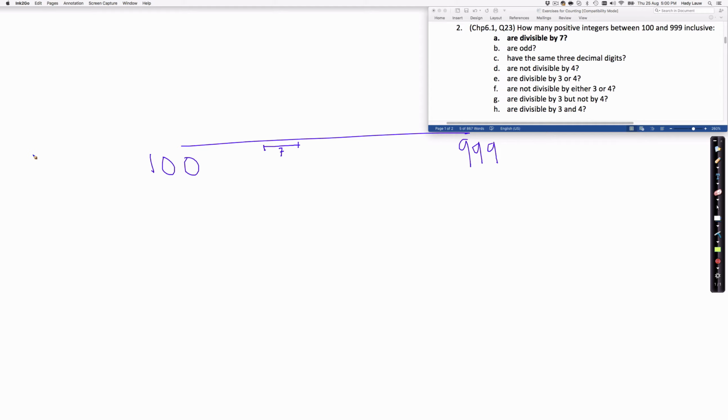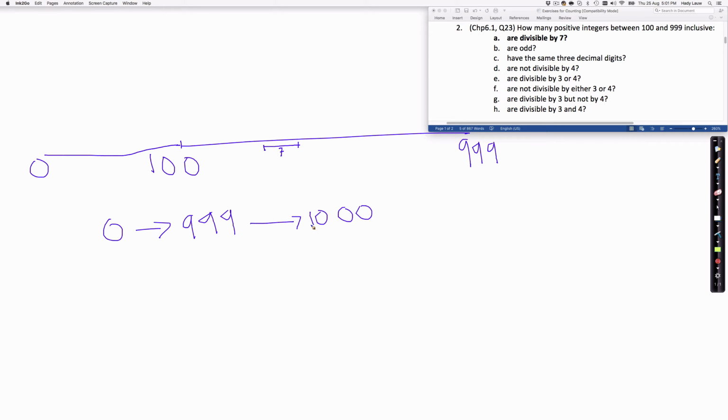So let's look at this range. It essentially contains 900 numbers from 100 to 999. Let's imagine that we start from 0, to look at this in a more complete picture. From 0 to 999, there are 1000 numbers, right?